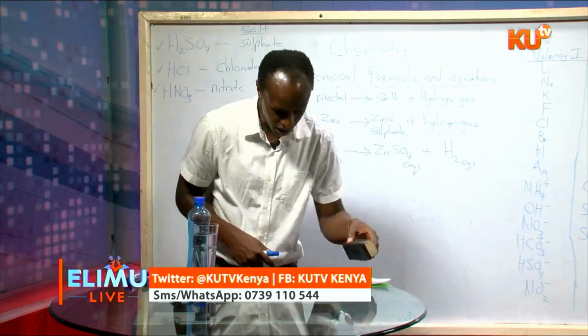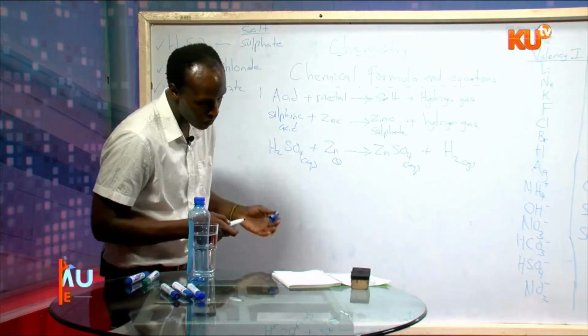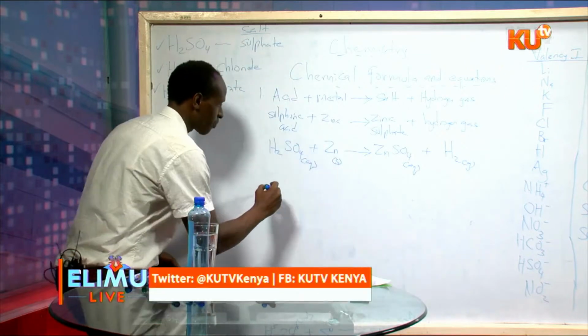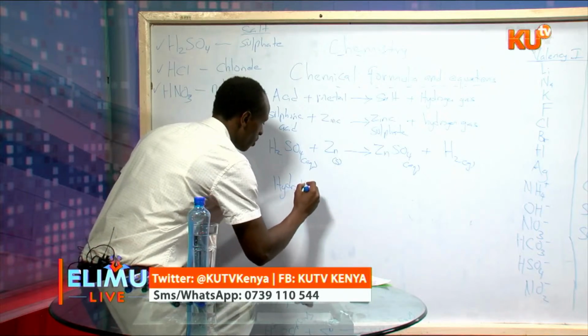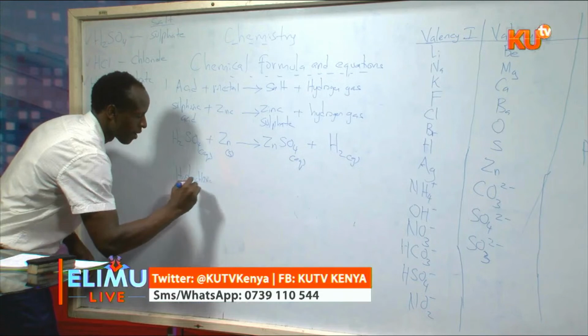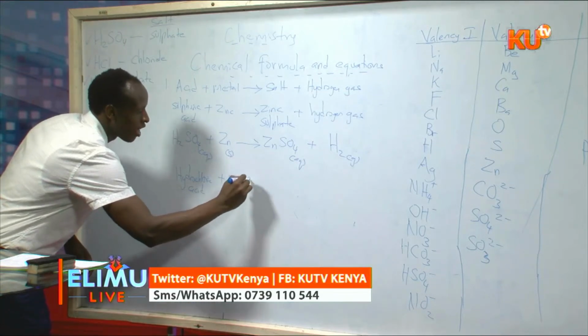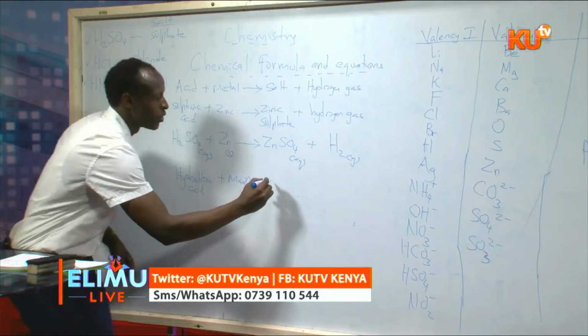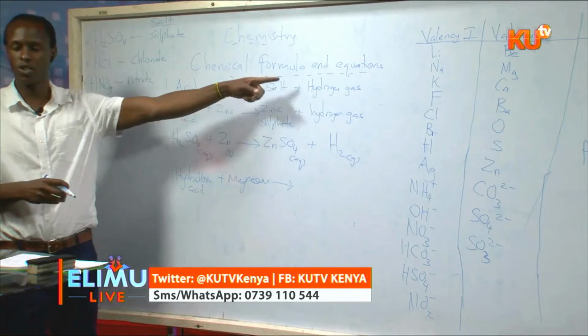Let me give you another example of an acid plus a metal. We want to look now at magnesium and hydrochloric acid. Acid plus metal, you get salt plus hydrogen gas.